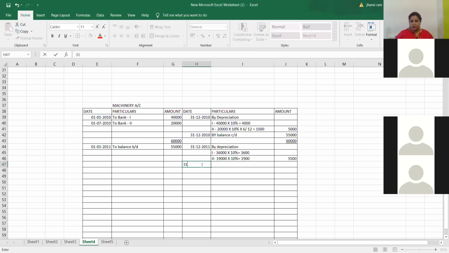So I'm closing the account on 31st December 2011, and the balance I'll be writing like this: by balance carried down. The balance is 55,000 minus 5,500, which comes to 49,500. So again our total will be on both sides 55,000 and 55,000.